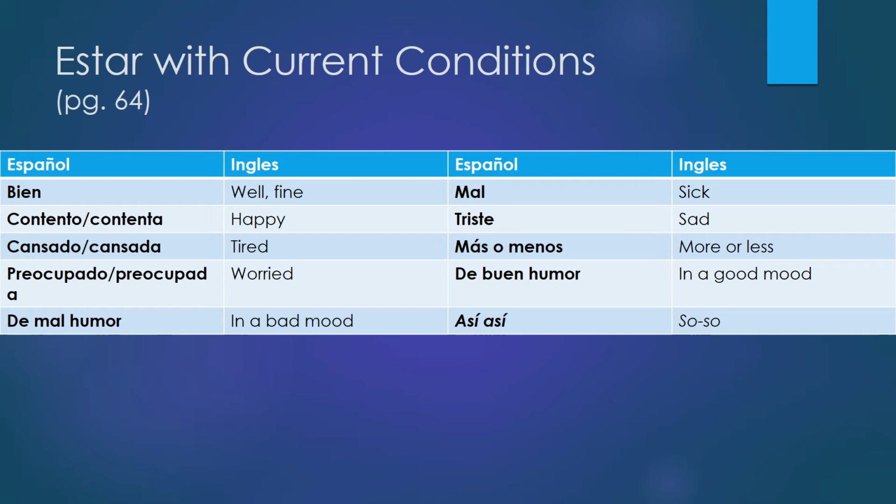As you can see, where there's more than one vocab word in the line, like contento, contenta, or cansado, cansada, preocupado, preocupada, that means that you have to think about whether you're talking about a male or a female. So for males, we would use the O at the end, and for female or feminine nouns, you would use the A at the end for those examples.